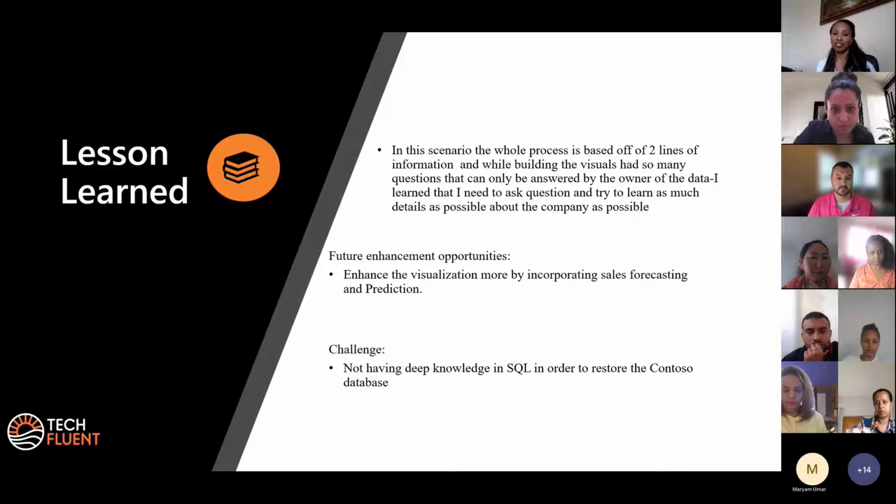During this project, I learned that I had so many questions for the data. The project is based on only a two-line description of the scenario, but as I did the project, I had so many questions and I needed detailed answers. So what I have learned is that in a real scenario, I need to ask as many questions, in as much detail as possible, before I start putting together my solution.